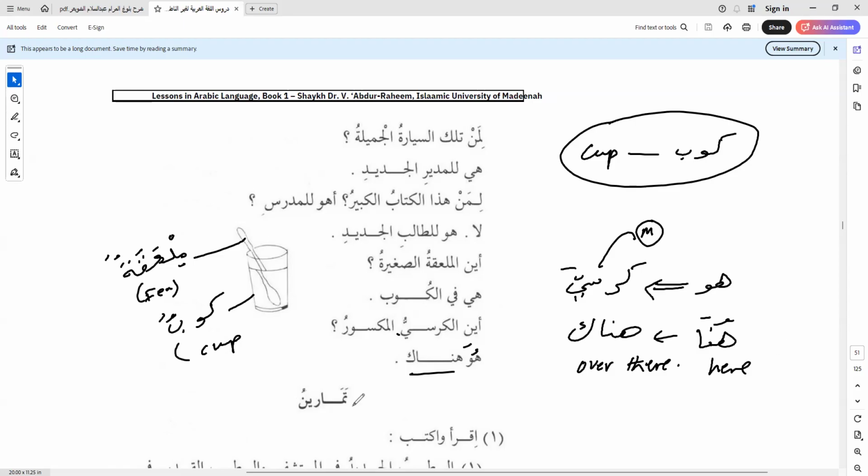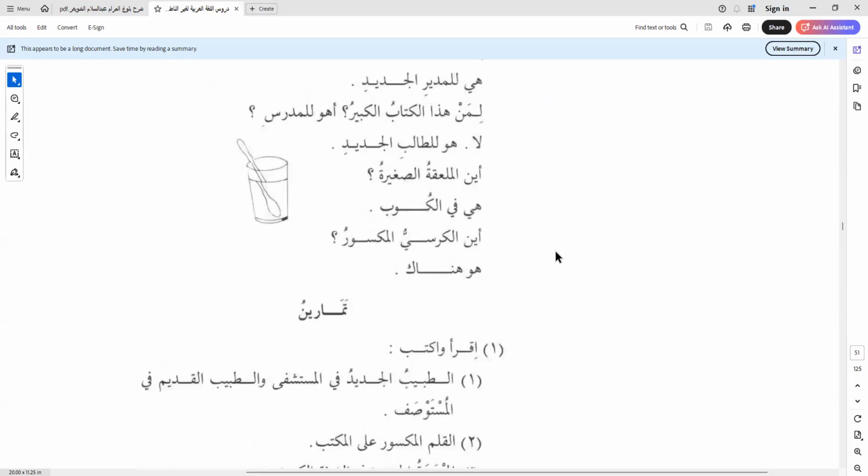So we're going to end on this, inshallah. Next time we meet, we're going to look at lesson point number 1, Iqra waqtub, and then we're going to analyze more on the noun-adjective agreement in Lughat al-Arabiyya.